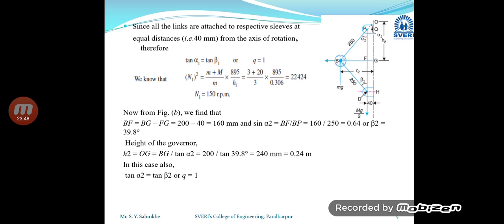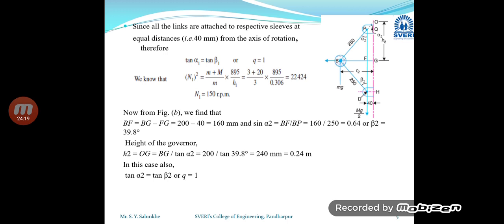Now to calculate the maximum speed, as I have already explained, we refer to the same diagram. In this diagram, first of all we will refer to the triangle BPF, and we will calculate the value of alpha 2. For calculating alpha 2 in triangle BPF, first of all we have to calculate the BF distance. This BF distance is given as BG distance minus FG distance.